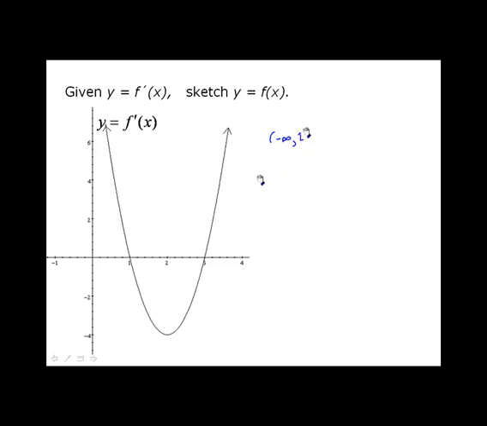So I'm selecting this point right there, the x-intercept. The graph, f prime at x, is positive. So the derivative is above the x-axis. So therefore, if the derivative is positive, it means f at x is increasing.